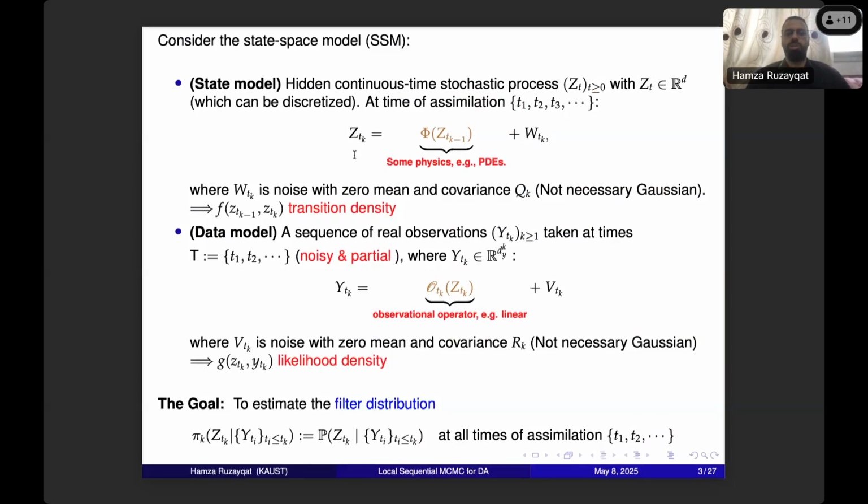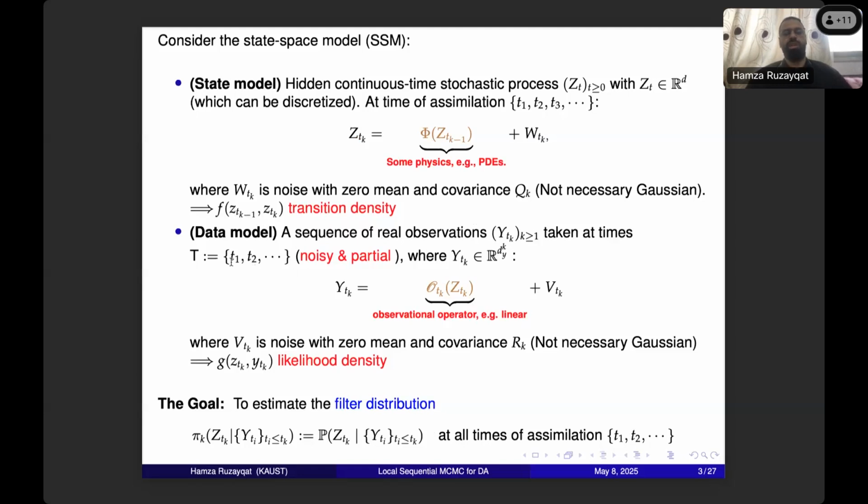So the dynamics looks like this: Z at time t_k is some physics of the previous state plus some noise, W_{t_k}. And W_{t_k} here is a noise with zero mean and covariance matrix Q, but it doesn't have to be Gaussian. This equation induces the so-called transition density, which gives me the probability of going from Z_{t_{k-1}} to Z_{t_k}.